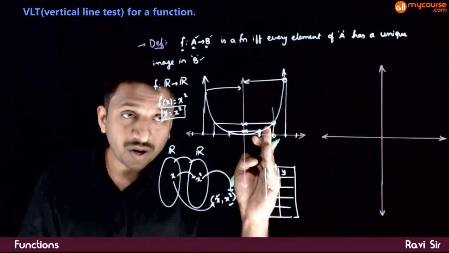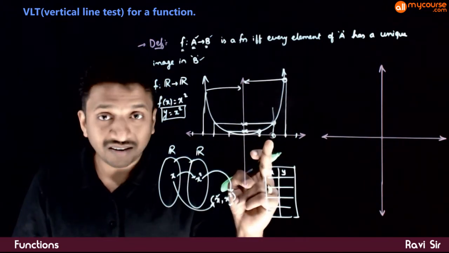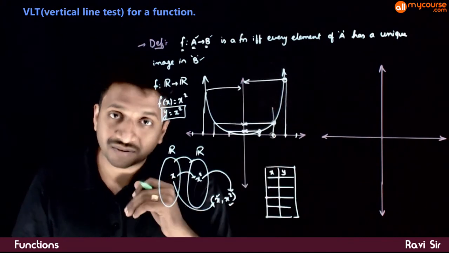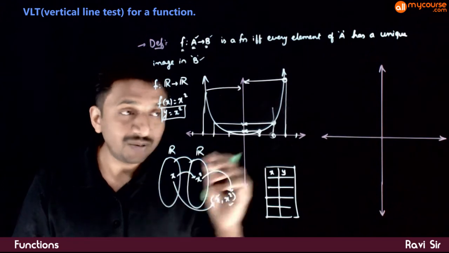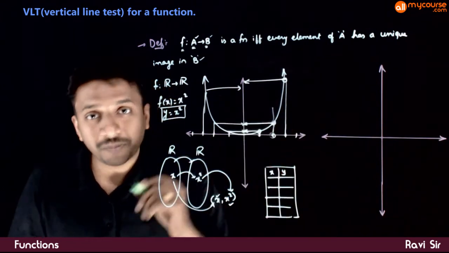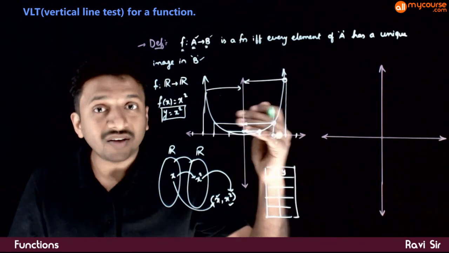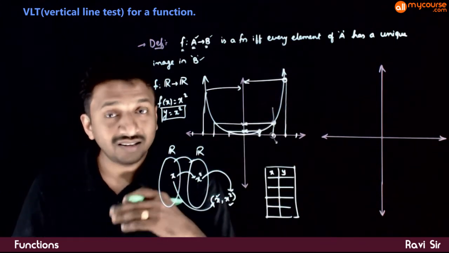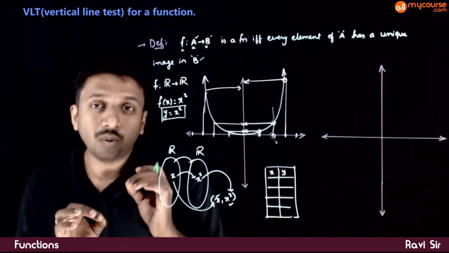And if this vertical line does not meet this curve, what does it mean? It means corresponding to this x, there is no y. That means this x does not have an image in the second set. That is also not good. So every element should have one and only one image.